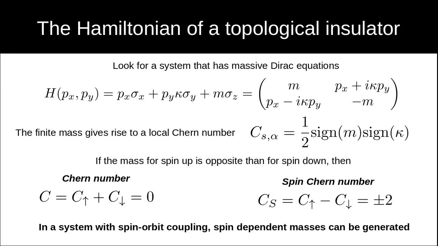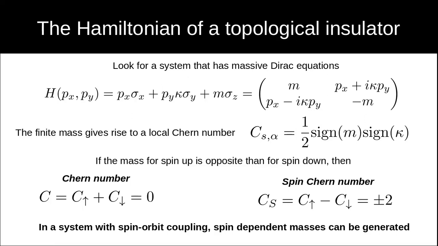And for this, we can just go back to the model that we used for a Chern insulator and just make two copies, one for spin up, one for spin down. So we write down again our model that was a Dirac equation with a gap. As before, the Chern number for one spin species and one valley is 1/2 times the sign of the mass times the sign that we have in front of k_y.